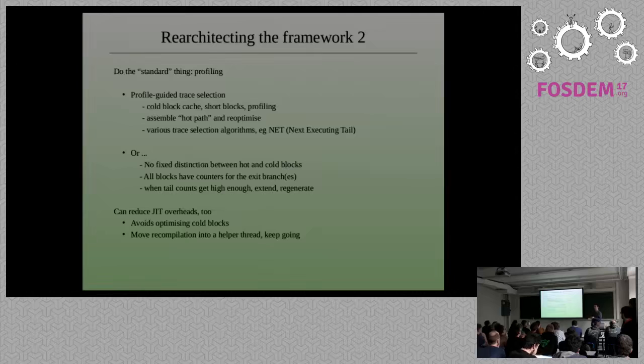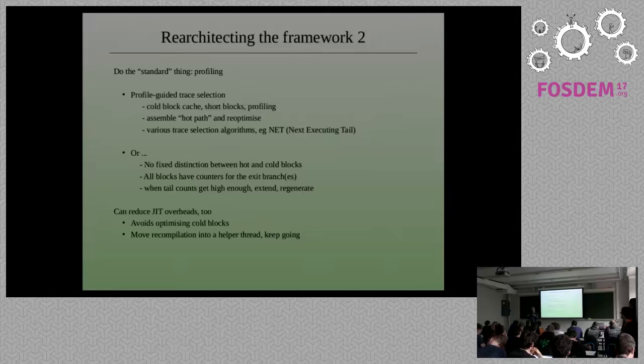The traditional thing would be, for example, to do not very optimized translation of each block as we come across it, and add instrumentation to it to see how often it's executed, and in particular what happens at the conditional branches that are at the end of most blocks.